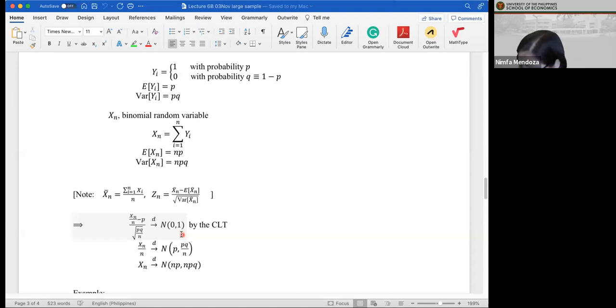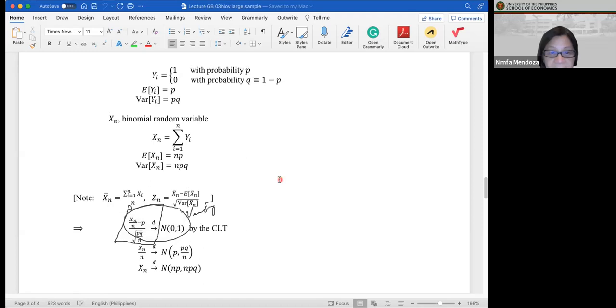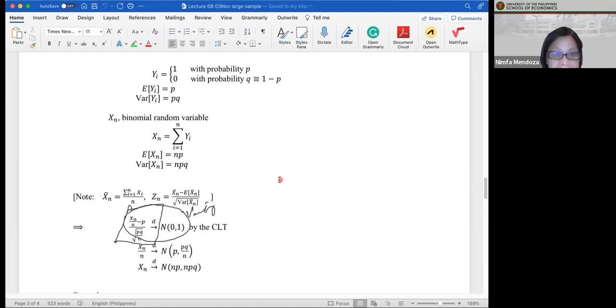So verify this, especially how you get this expression. X sub n is defined as this.